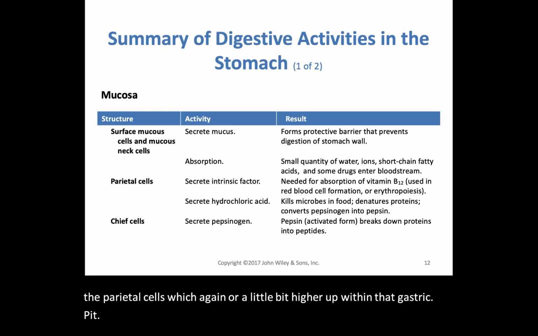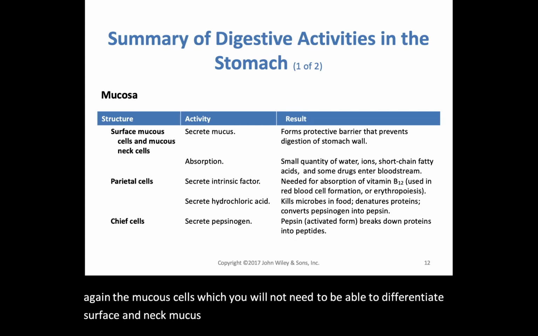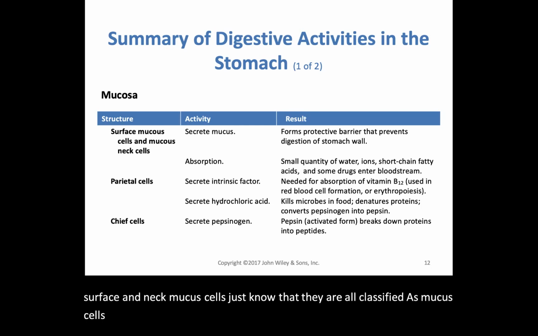This here is a summary table of the cells that we have talked about so far. Again, the mucus cells, which you will not need to be able to differentiate surface and neck mucus cells. Just know that they are all classified as mucus cells. But what do they secrete? They secrete mucus.